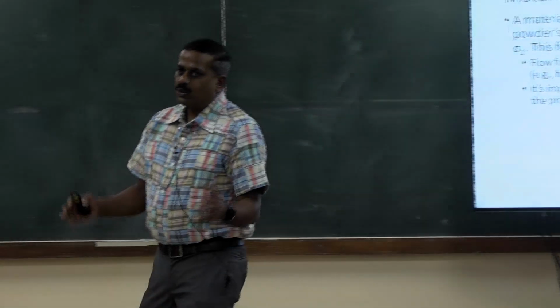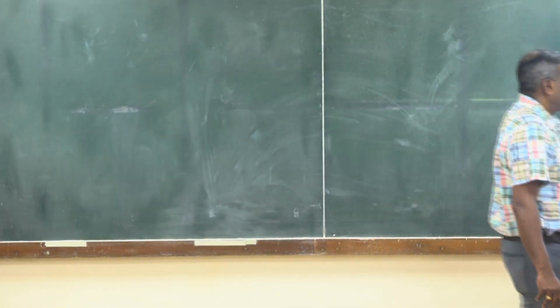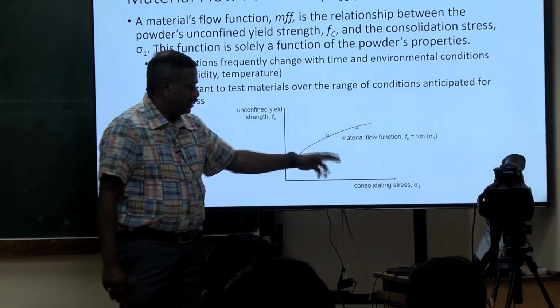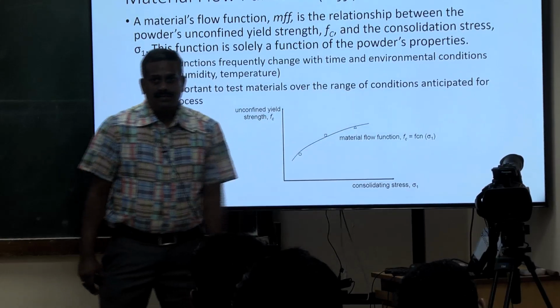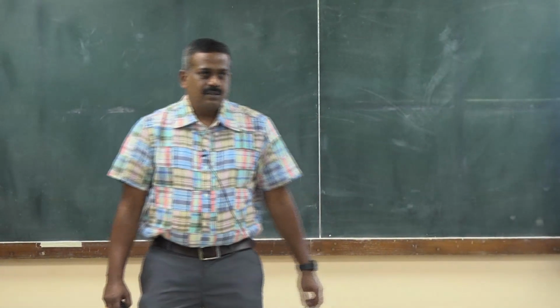At different consolidation stresses, your unconfined yield strength will also be different. For example, if you increase the consolidation stress, then the unconfined yield strength will also be high. It's clear?